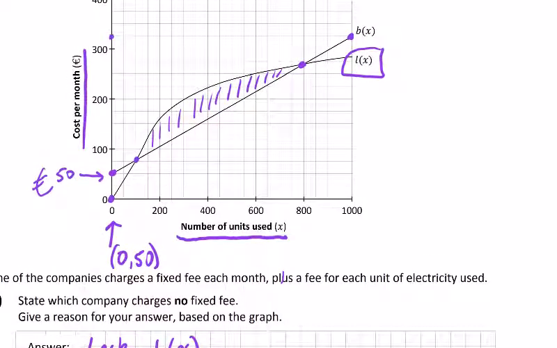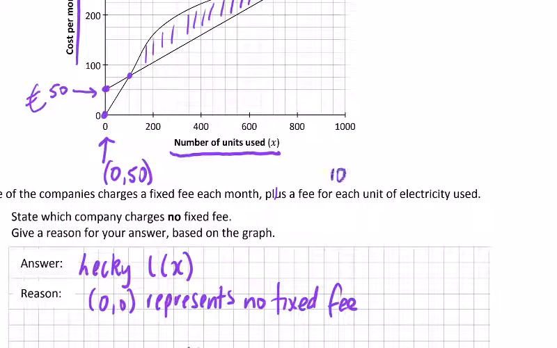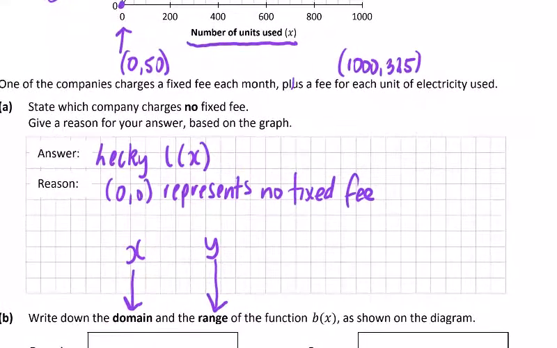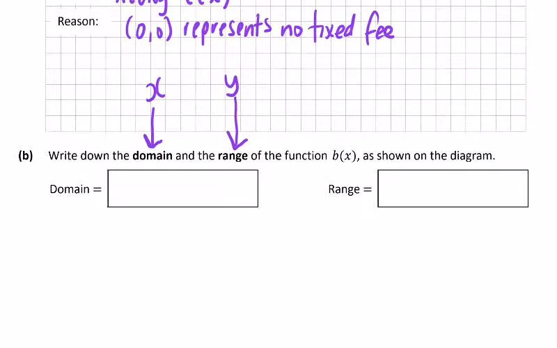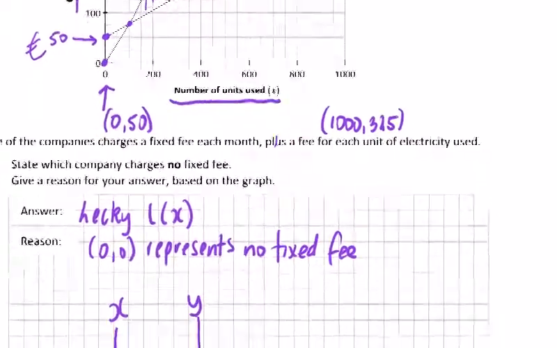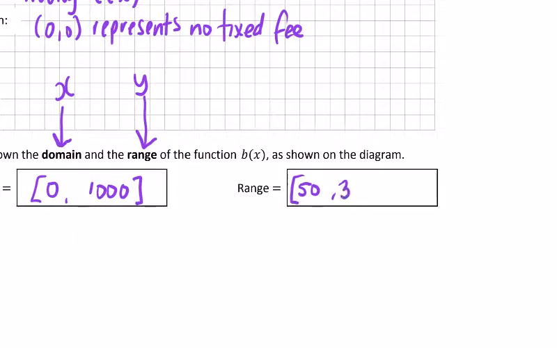Coming across to here, 325, 1000. 325 is over here. So my domain is 0 to 1000 and my range is 50 to 325. So your knowledge of domain and range has come up pretty much most years.